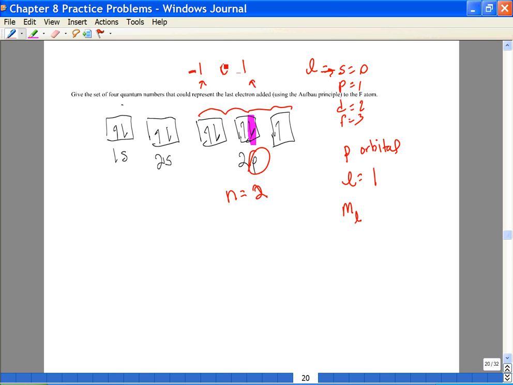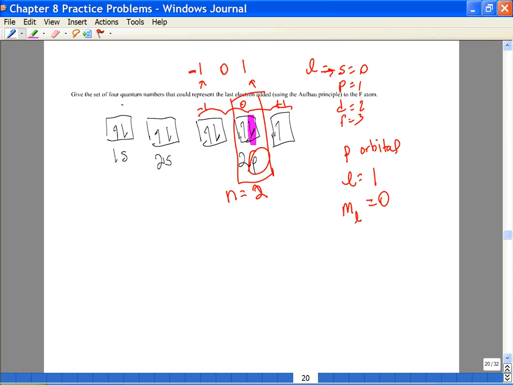And 0 would be in the middle. Counting integers upward, this one is negative 1, this one is 0, this one is positive 1. So the m sub l value of the orbital that that electron is in is 0.